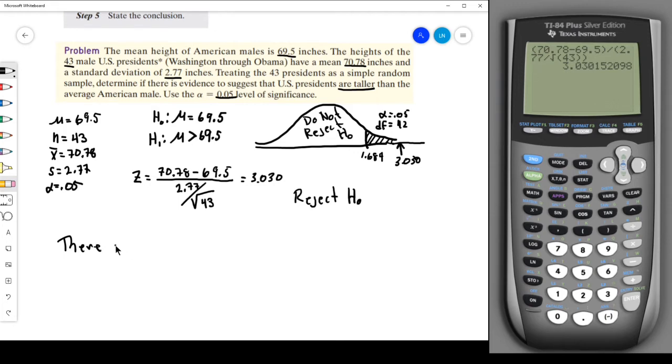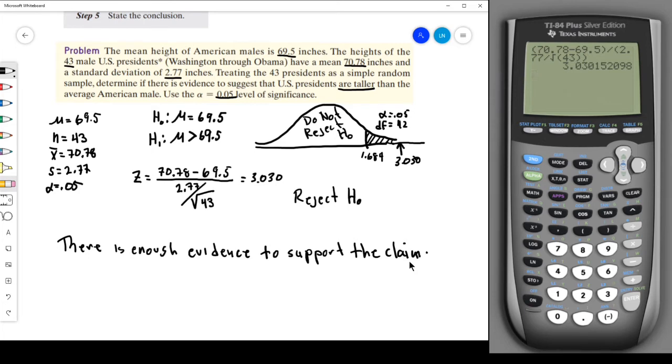So I'm going to do this quickly. There is enough evidence to support the claim. I would also go on to state the claim at that point.